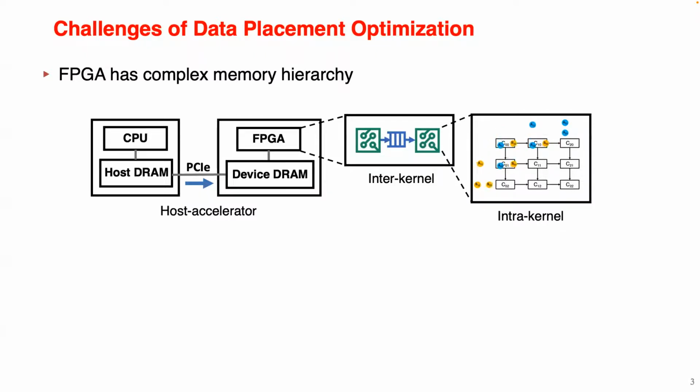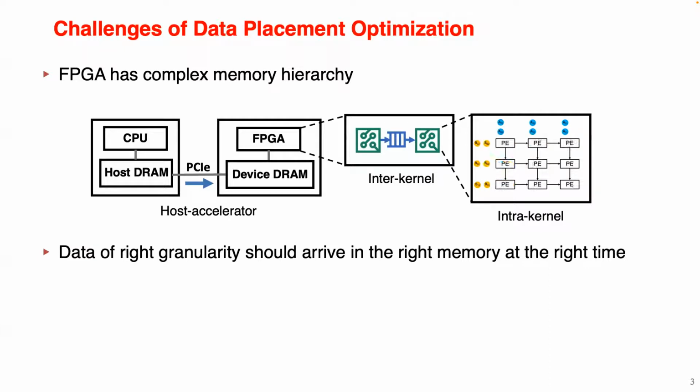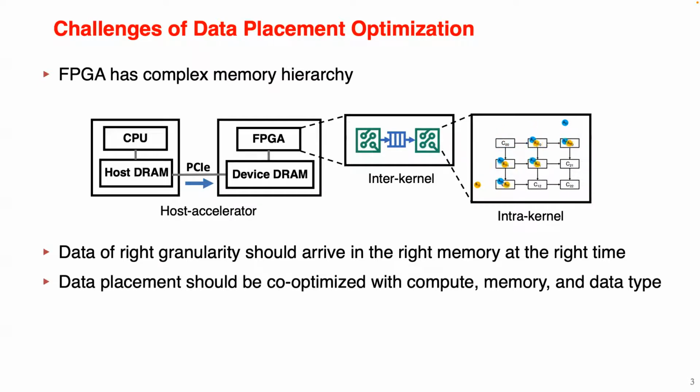We should ensure the data of right granularity arrives in the right memory location at the right time. Additionally, data placement does not just work in isolation. To get a high performance, we need to co-optimize data placement with hardware customizations in compute, memory, and data type.